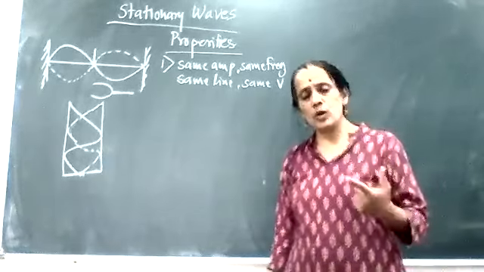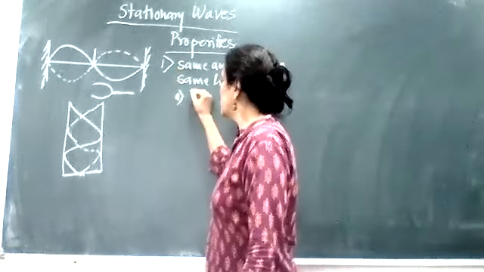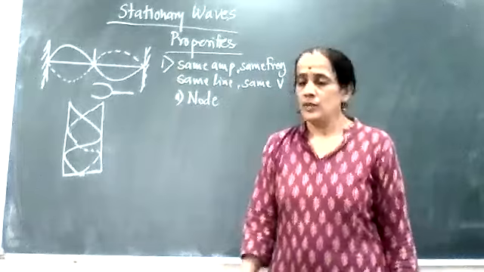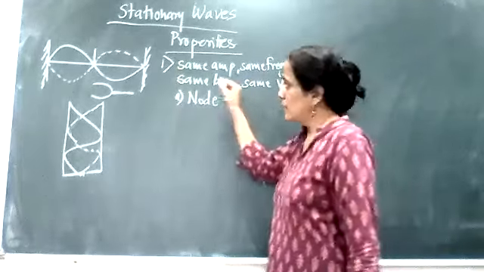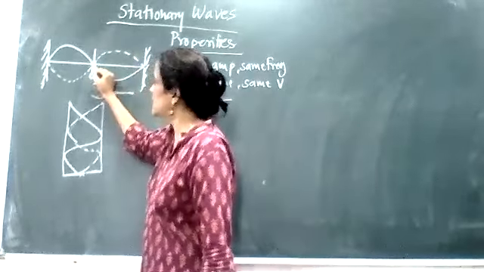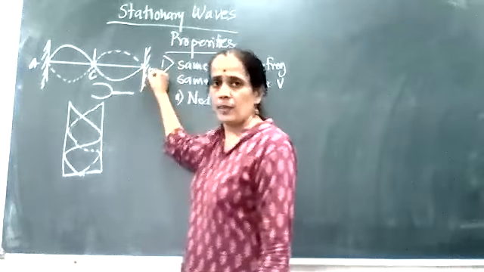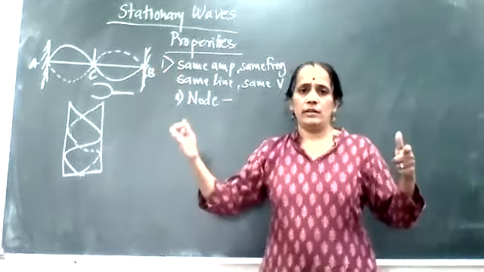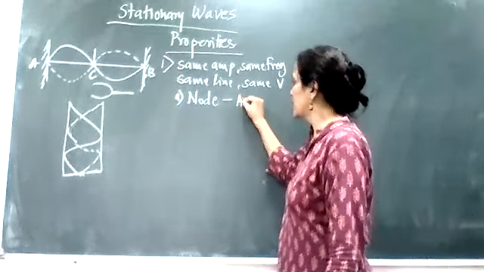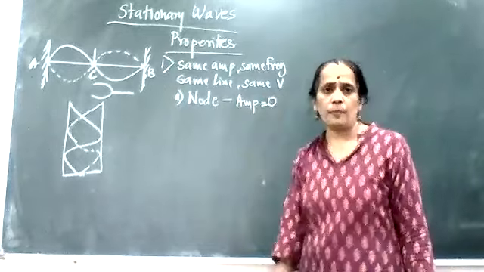Now yesterday I also gave one concept, which is the node point. What is a node point? See here. At this plucking point, I can call it point C, and these rigid wall points I will call A and B. At the rigid wall and at the plucking point, the displacement, or the amplitude of vibration, is zero.